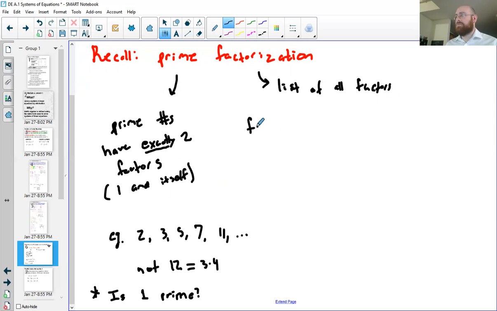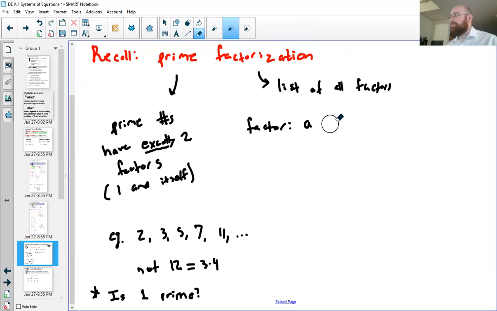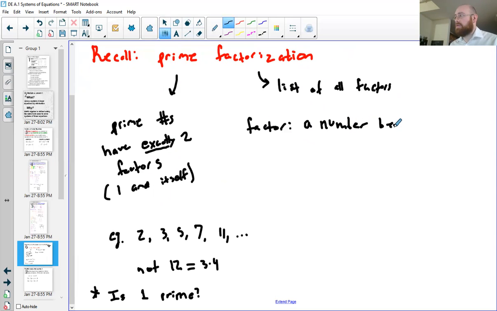And a factor is something, generally a number, being, my handwriting suddenly got really bad. Let's try this again. Okay, so a factor is a number being multiplied.